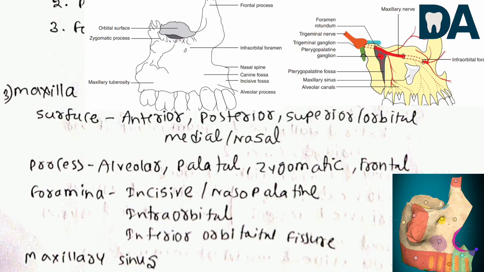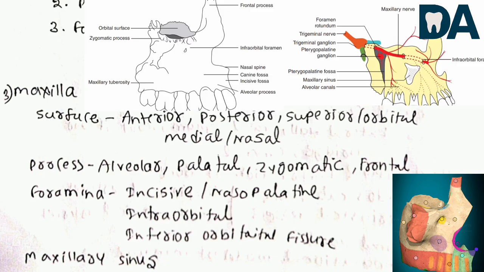Features: the maxilla is a hollow pyramidal structure with the features we are talking about. It consists of 4 surfaces, 4 processes, 4 foramina and a sinus.